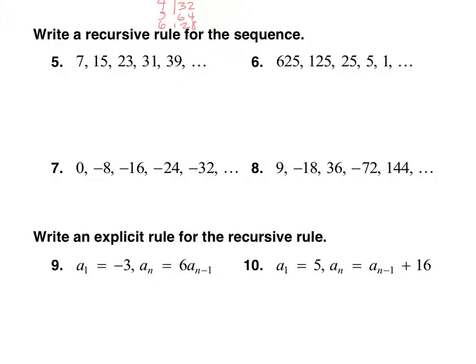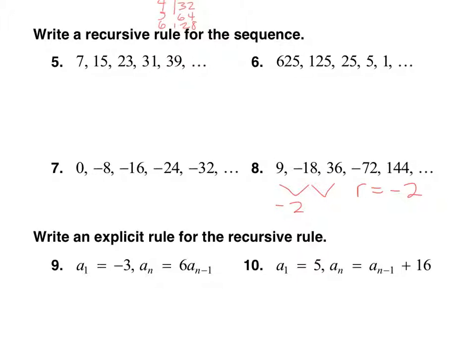Okay, so number 8, when I'm looking at this, first thing I have to decide, is this arithmetic or geometric? So when I'm looking to go from 9 to negative 18, I'm going to multiply times negative 2. And just check and see, and that works every time. So I know that my common ratio is negative 2.